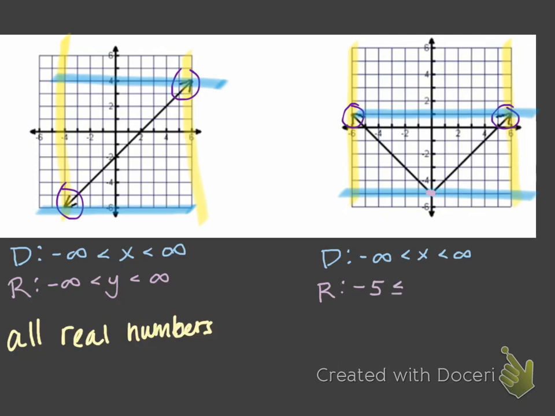We're going to use the less than or equal to inequality. So -5 is less than or equal to y, which is less than infinity, since our arrows take that all the way up forever. And that is how we find domain and range of what we call continuous graphs that go out to infinity.